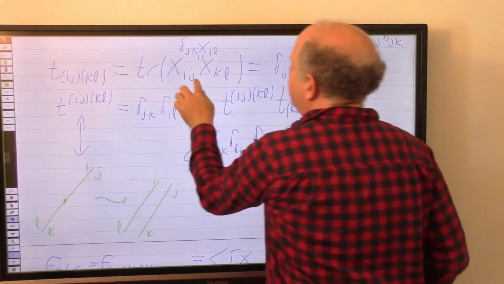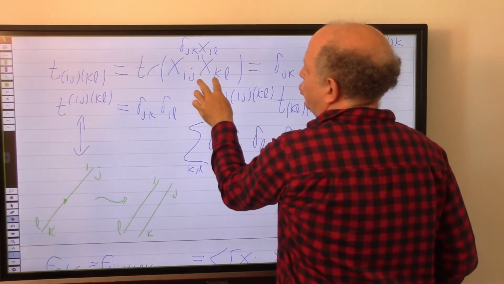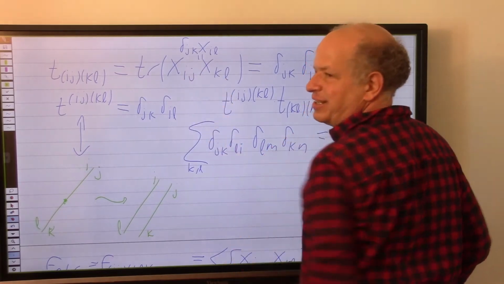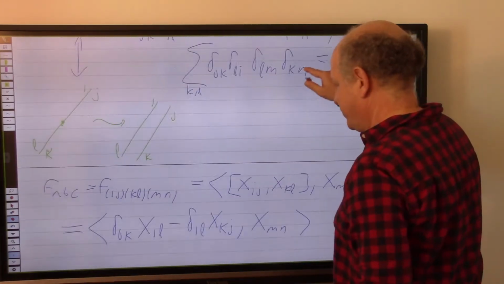So basically the two inner indices are deltaed and the two outer indices are deltaed. Okay?